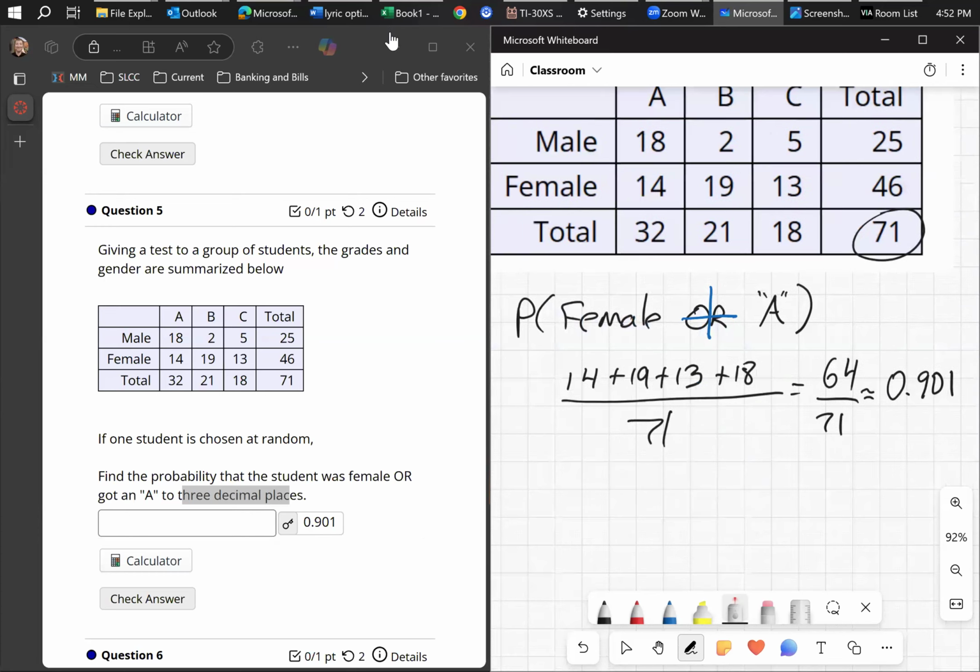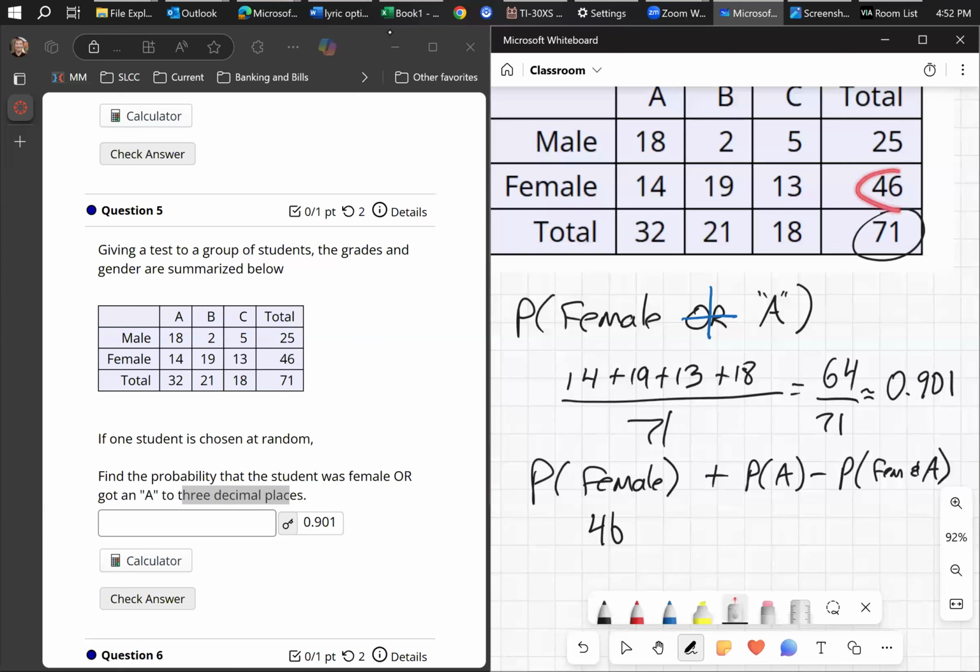And then the formula tells you to add and subtract the double counting. So that would be the total females, 46. And I'm just looking at this column. It's easy, subtotals there. Plus all the A's, 32 out of 71.